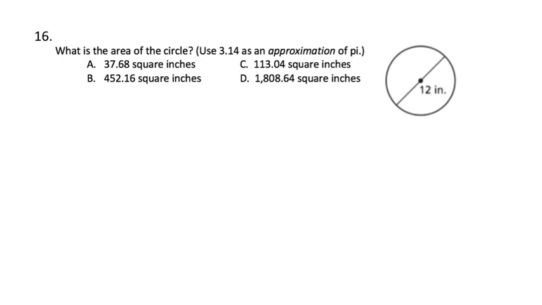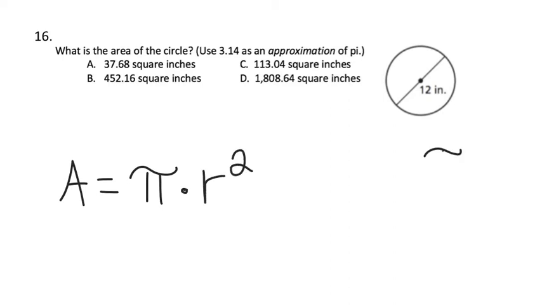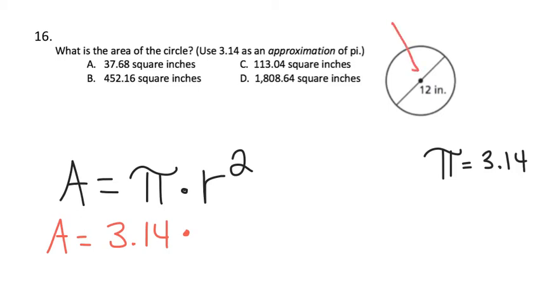All right, for number 16, what is the area of a circle? Well, here's your formula. Area equals pi times the radius squared. Don't forget, everybody, pi just equals 3.14. All right, so let's go plug in what we know. Area equals pi, which is 3.14, times my radius. Okay, well, I want to make sure that you understand that a whole line like this across the circle is a diameter.